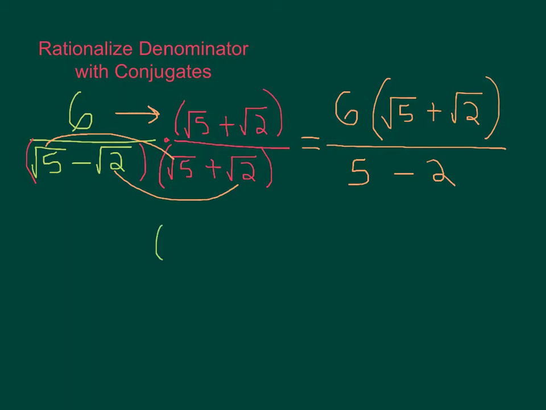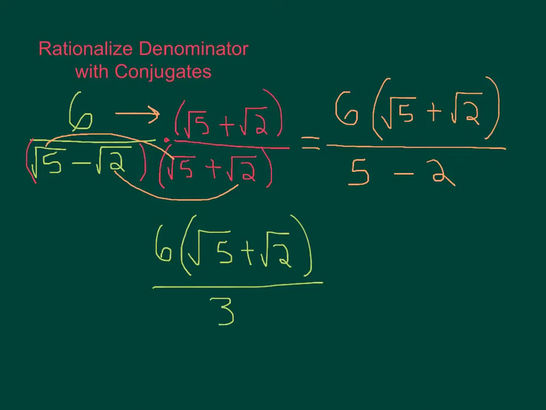So I am left with 6 times the square root of 5 plus the square root of 2, all divided by 3. And this is why I wait to distribute that 6: when you have a number out in front like this, you can simplify with whatever was left over in the denominator. 6 divided by 3 is 2.